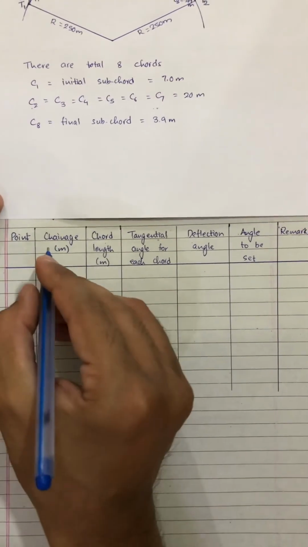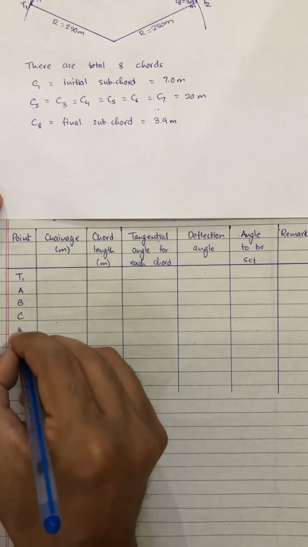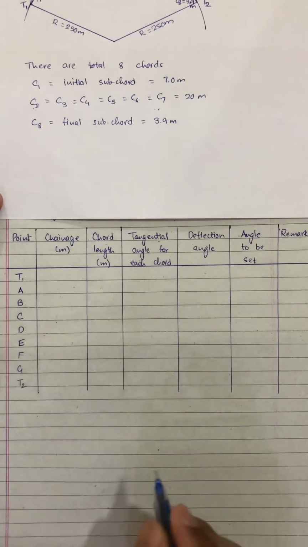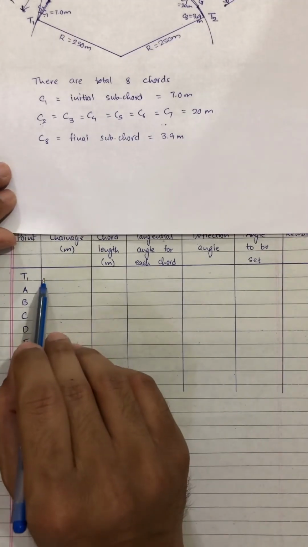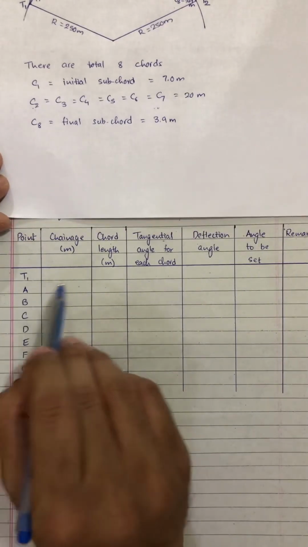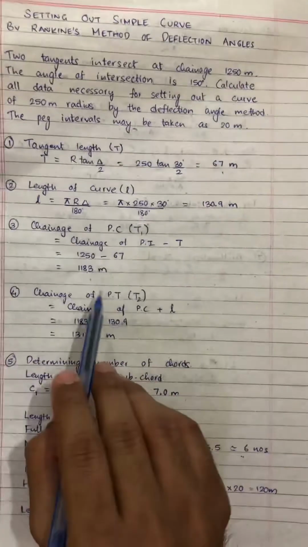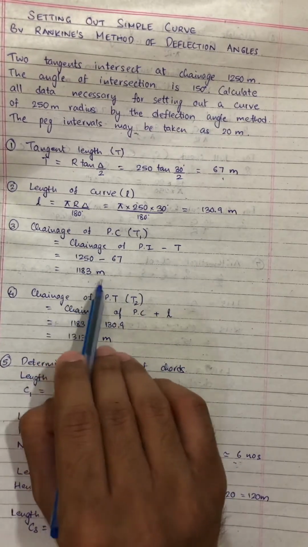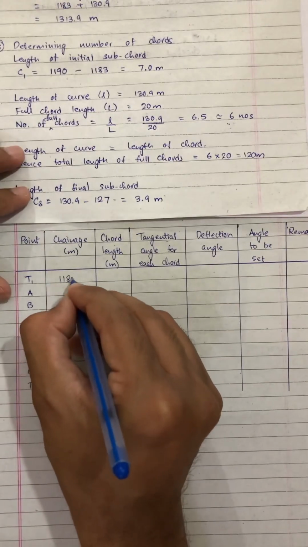Okay. Now chainage. We had calculated the chainage of T1. See, this is the chainage of T1. This value was 1183 meters. So we will write the chainage of T1 as 1183 meters.